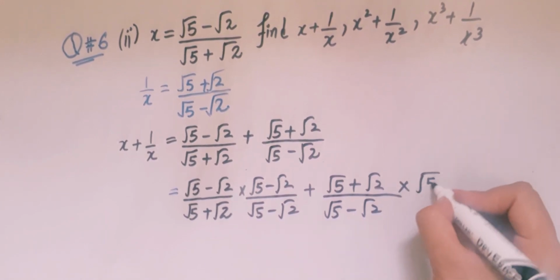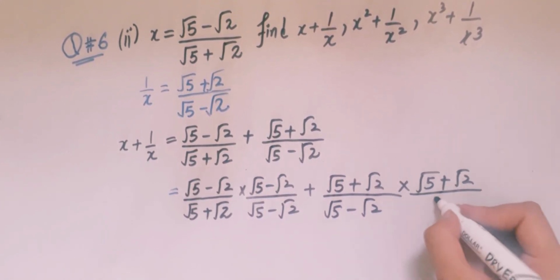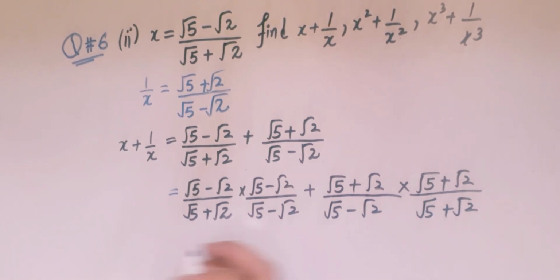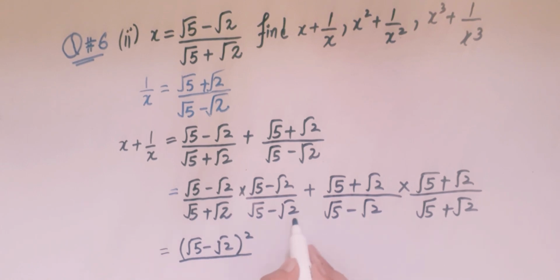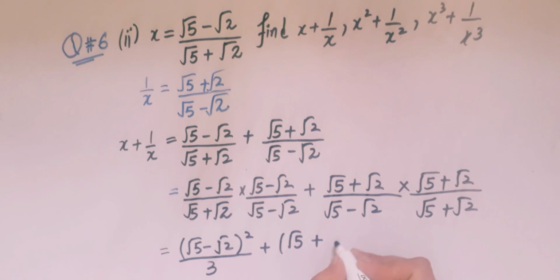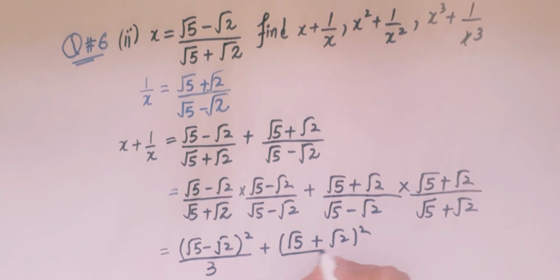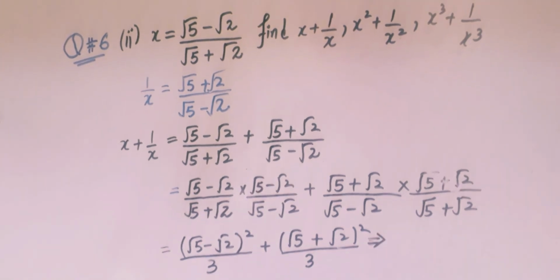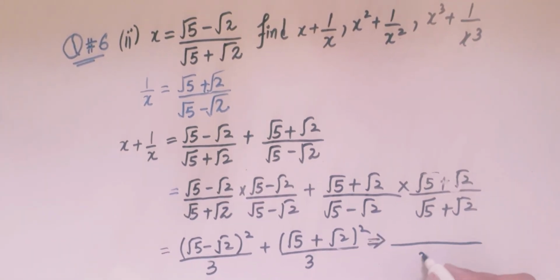Rationalize this also, square root of 5 plus square root of 2 by square root of 5 plus square root of 2. Now we have (square root of 5 minus square root of 2) square by (5 minus 2), which is 3, plus (square root of 5 plus square root of 2) square by (5 minus 2), which is also 3. We will take the LCM of this, which is 3.